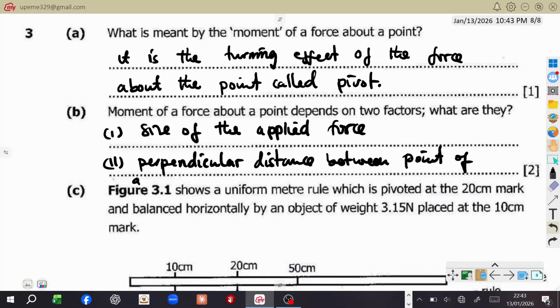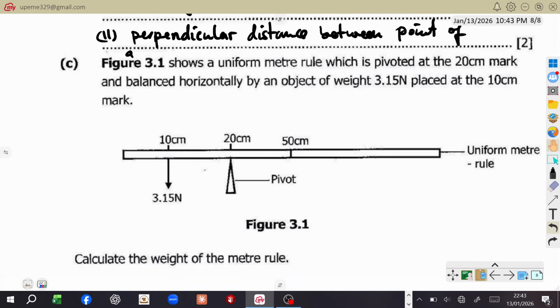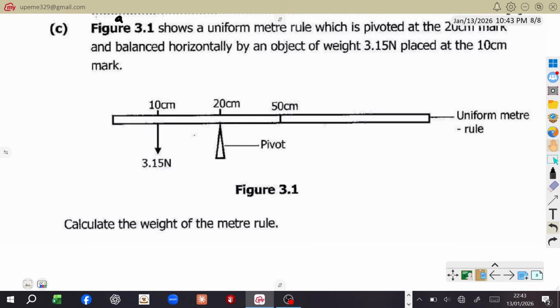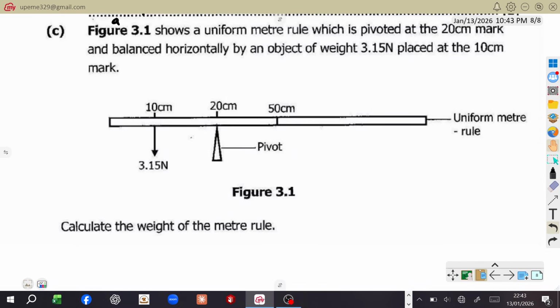Then let's go to figure 3.1. It shows a uniform meter rule pivoted at the 20 centimeters mark and balanced horizontally by an object of weight 3.15 Newton placed at the 10 centimeters mark. Okay, so this is the situation. Then they're saying calculate the weight.